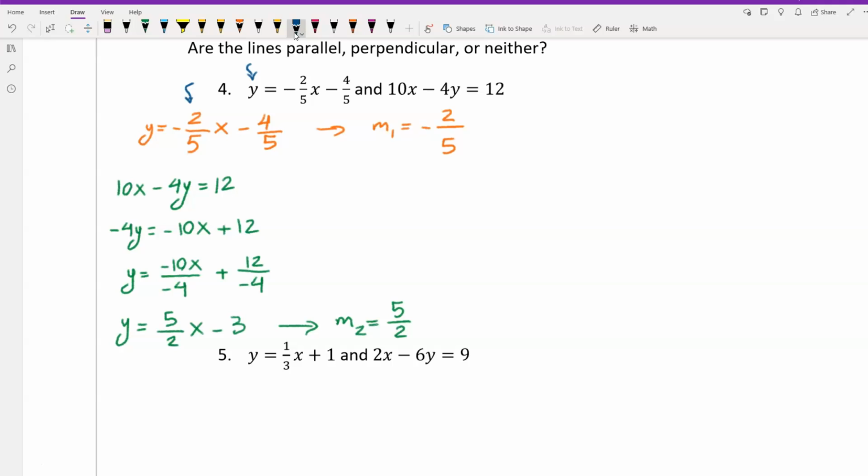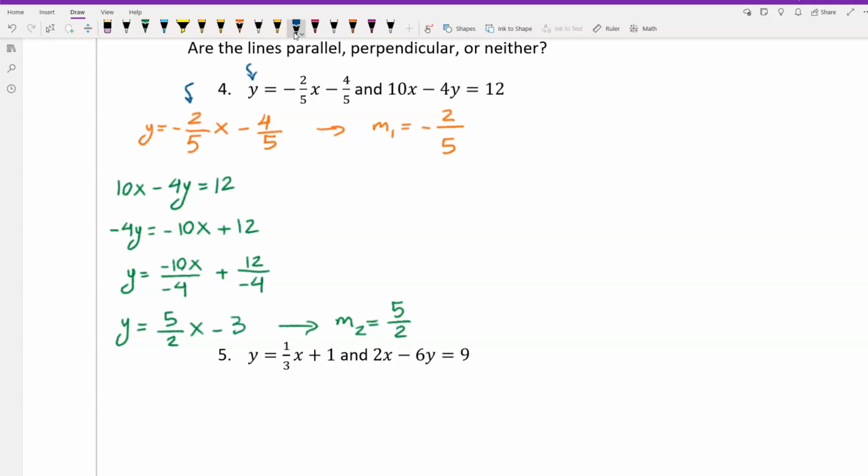And the second line, 10x minus 4y equal to 12. We have to isolate y because I want to write this line in slope-intercept form. So subtract 10x from both sides. We have negative 4y equal to negative 10x plus 12.